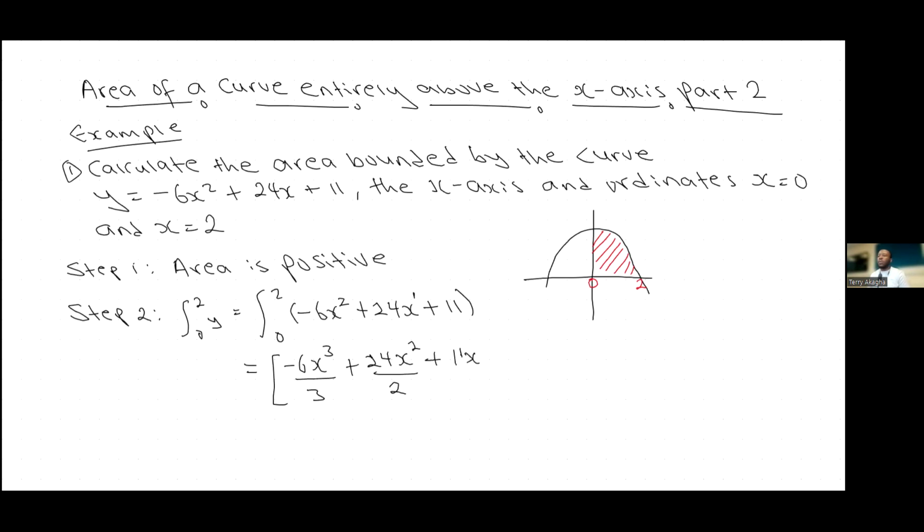And all this is between 2 and 0. Making sense? If you want to simplify this, you can, but I'll just use it like that.